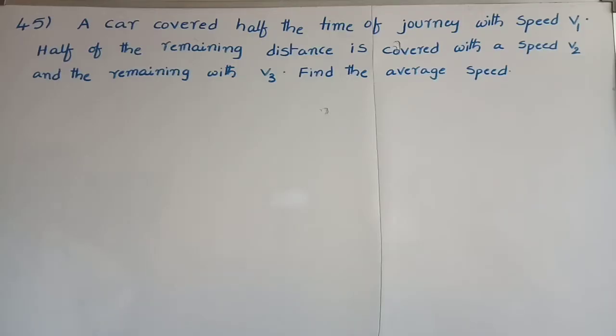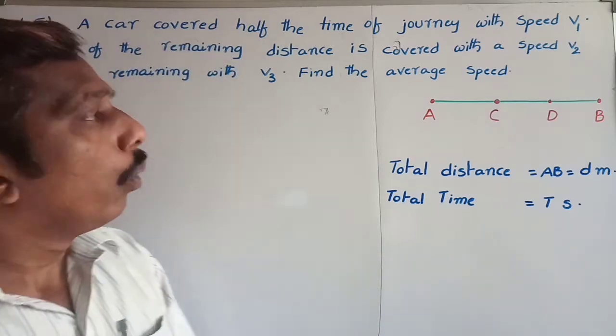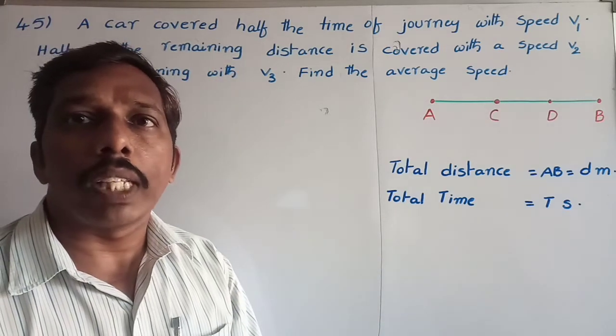Problem number 45. A car covered half the time of journey with speed v1. Half of the remaining distance is covered with a speed v2 and the remaining with v3. Find the average speed. Here in this problem, we need to calculate average speed.